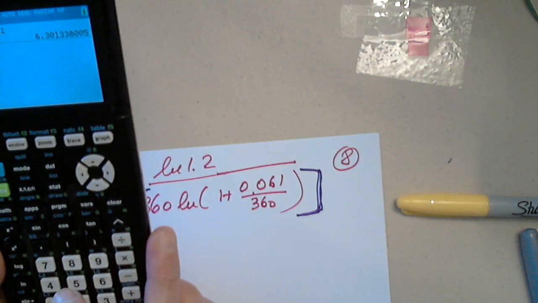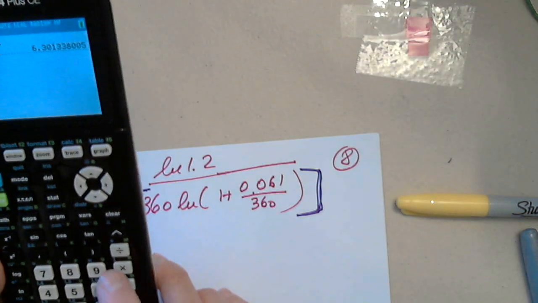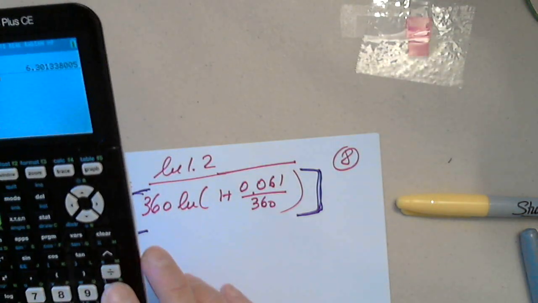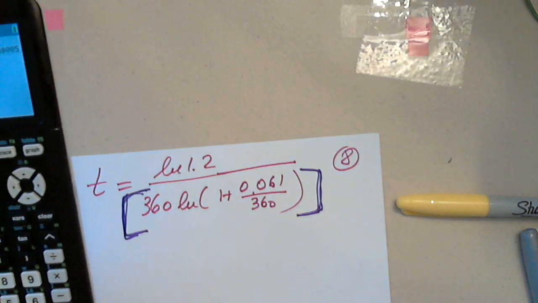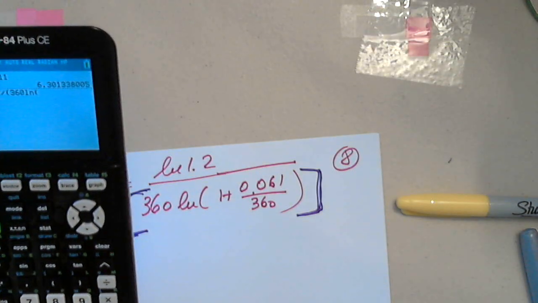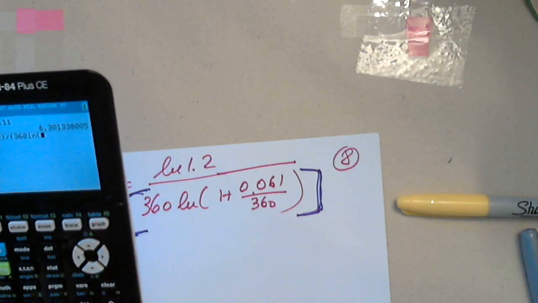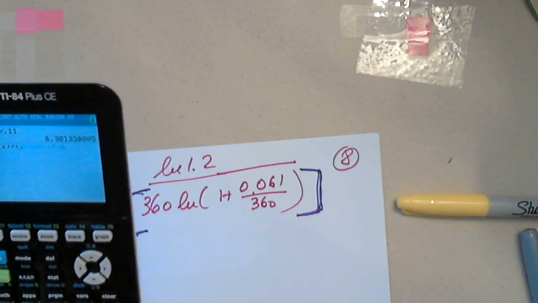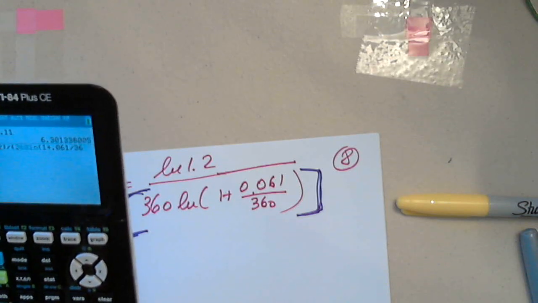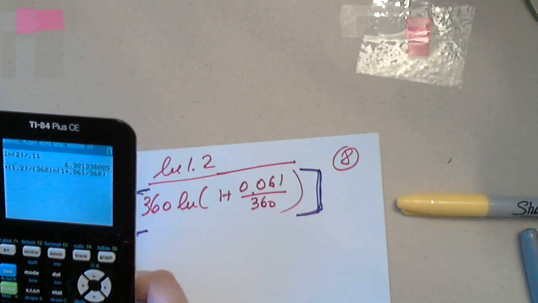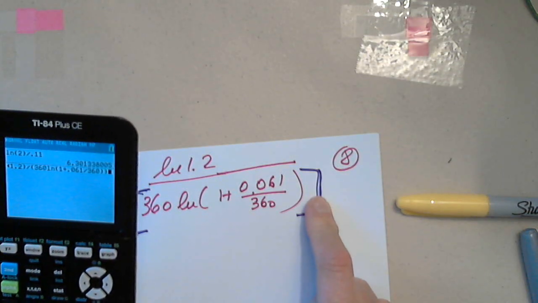So the numerator, natural log 1.2, close the parenthesis for the log. Divide by, in parentheses, 360, natural log, as you see it already pops up with a parenthesis, 1 plus 0.061 divided by 360. Now you have to close the parenthesis for the log, and you have to close the other parenthesis.